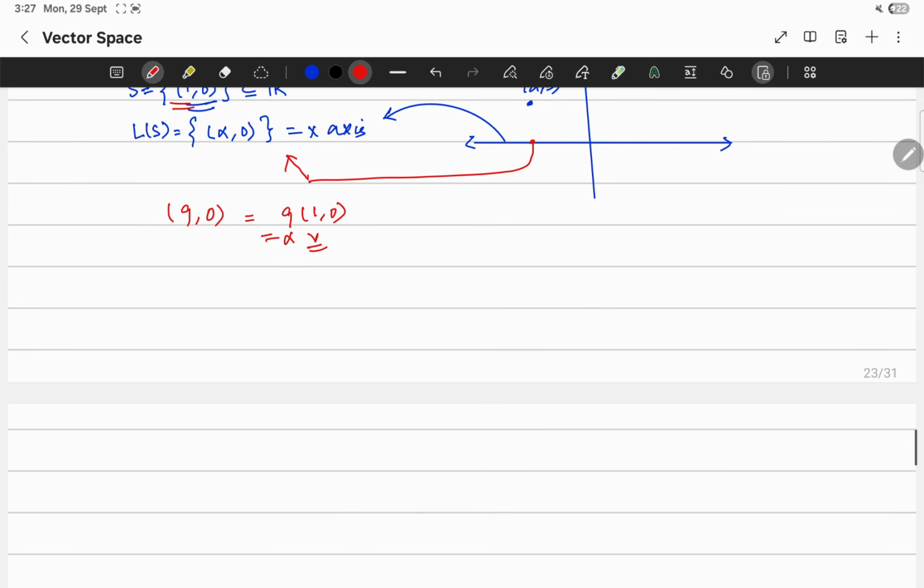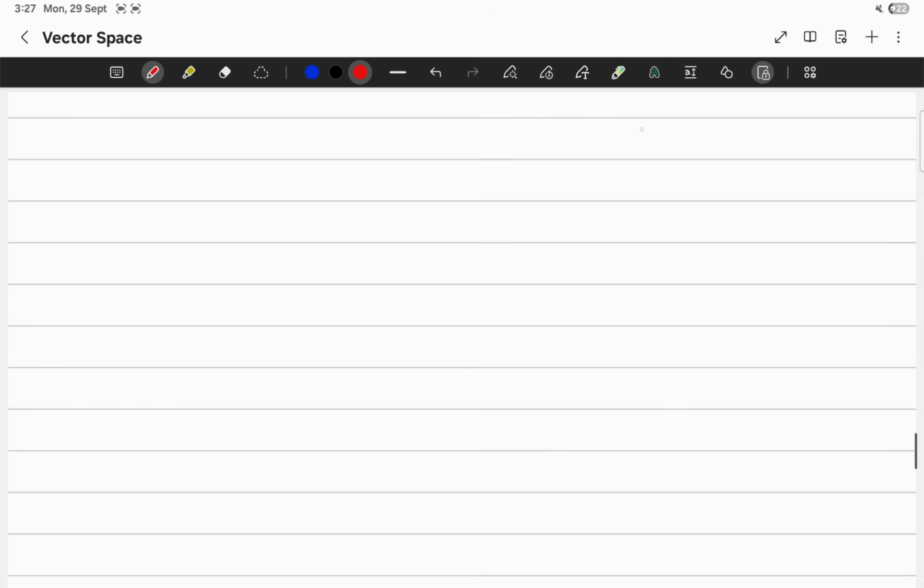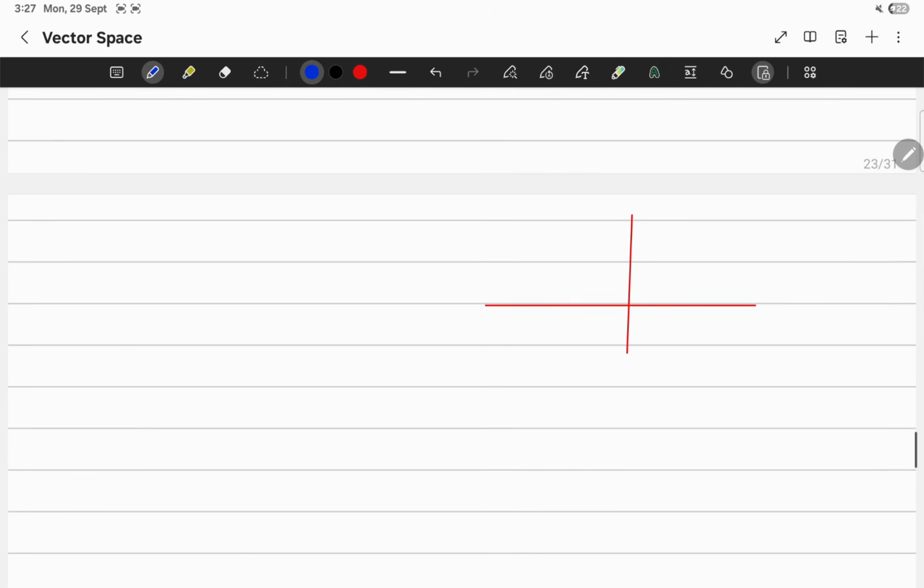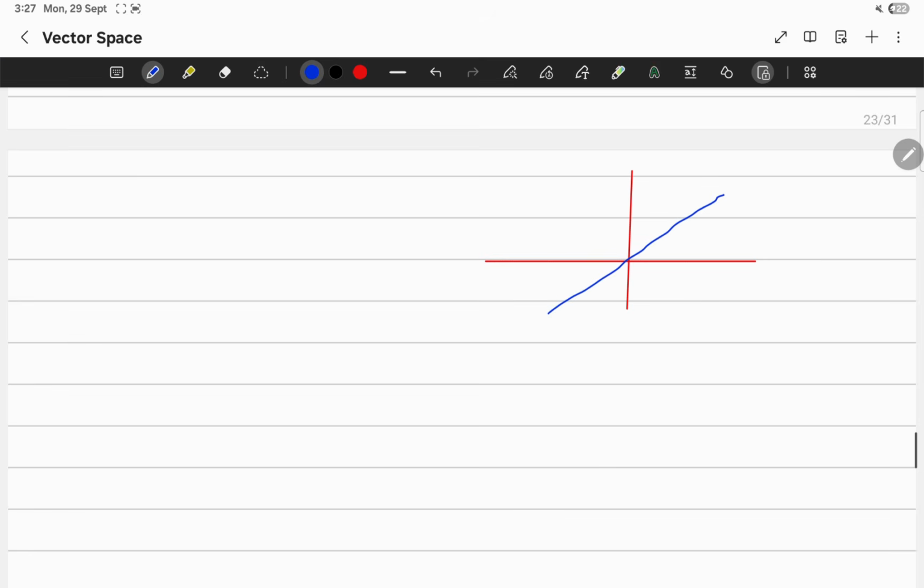Similarly, if you have R2 as a vector space, then any line here, the vector that generates this line, the linear span of that vector will be this line. For example, if I give you S equal to (1, 2), check its linear span.